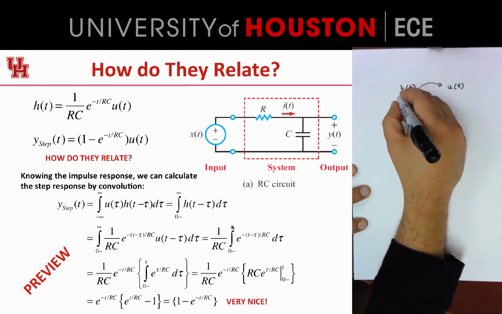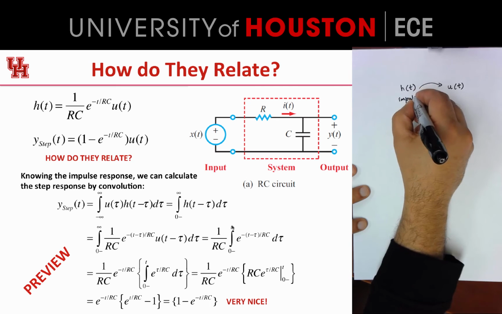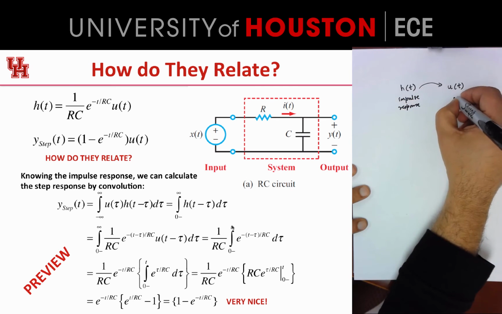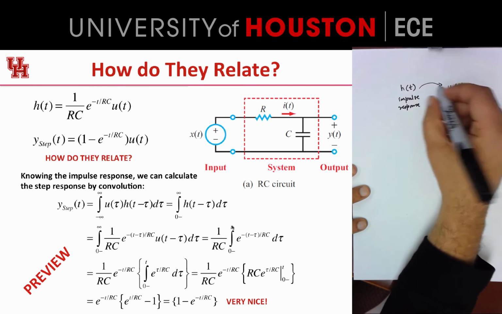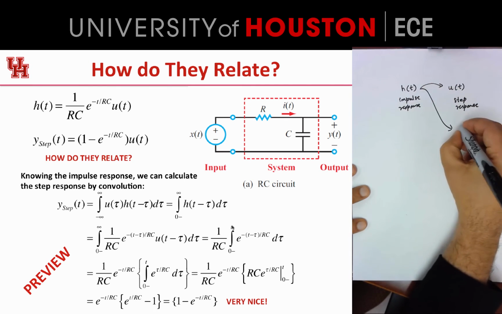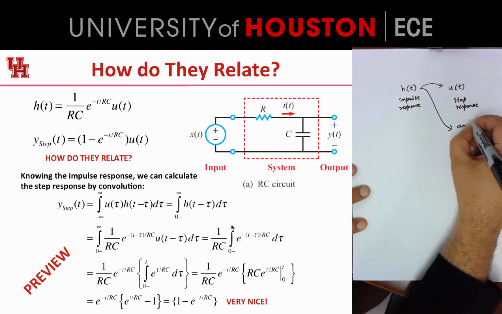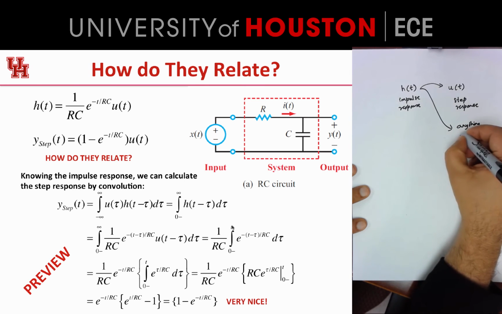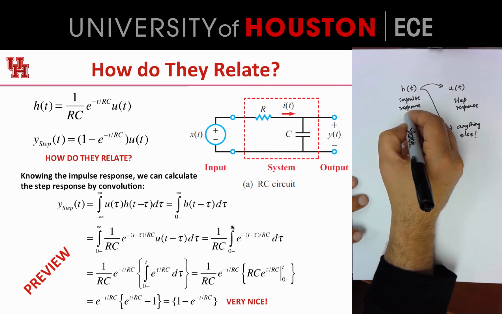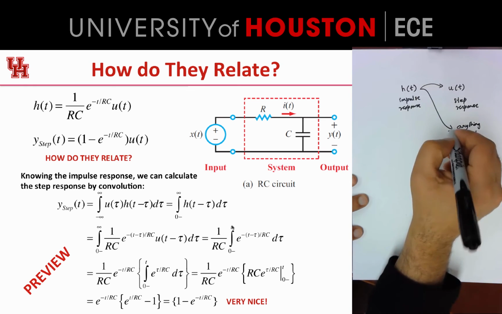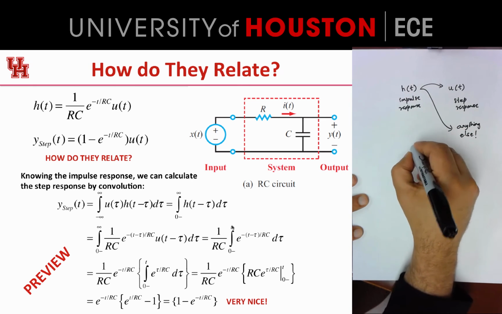So if you know the impulse response, you can calculate the step response. In fact, you can calculate the response to anything else, knowing the impulse response. Such is the power of the impulse response. And the tool that gets us to do that is called the convolution integral.